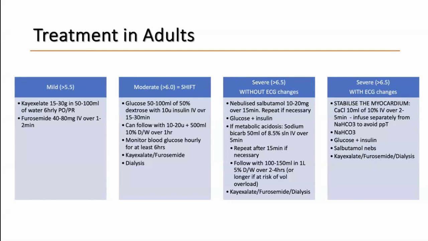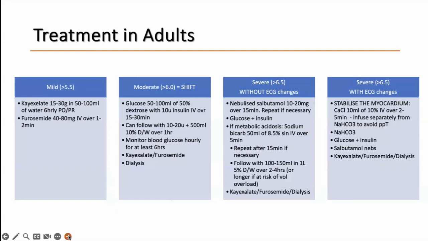Remember to be giving that glucose before you're giving your insulin, and to give them in separate IV lines. You must always monitor, like we said, don't ever forget glucose every hour for at least 6 hours after you've given that glucose and insulin. And then you can use your adjuncts, so your K-oxalate and furosemide, to increase your elimination, and dialysis if available and if needed.